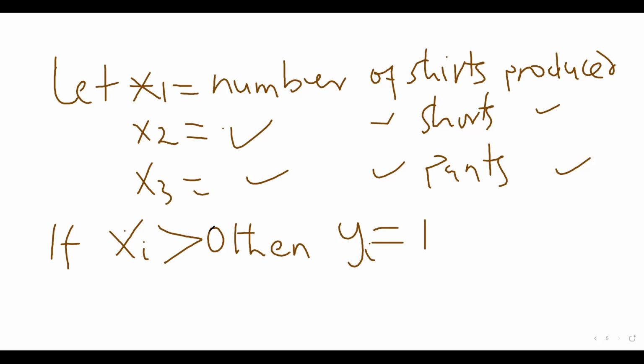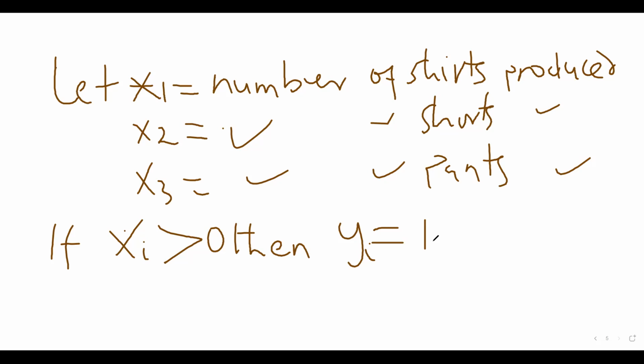So X1, which is shirt, the number of shirts to produce: if it is going to be positive, if I'm going to produce a certain number of shirts, then I must have incurred that cost of machinery for shirts. The shirt machinery has to be there. It being there means 1. It not being there means 0.